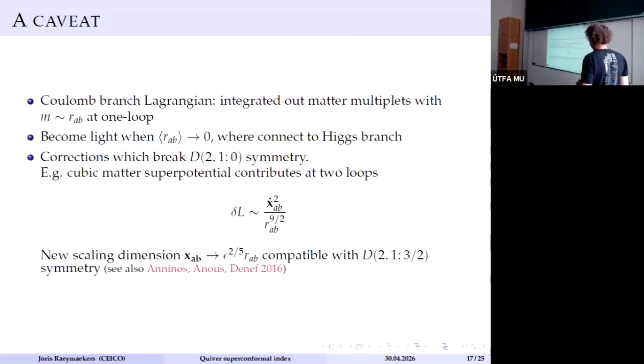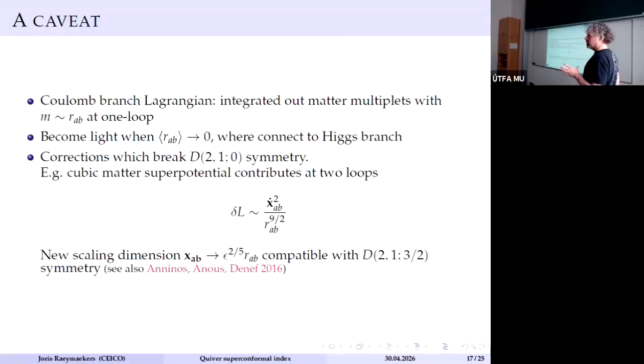In particular, there are further corrections which we have neglected, which come from the superpotential in the Higgs branch. Those don't couple directly to the Coulomb branch fields, but they would enter at two loops, and that would give corrections which actually break superconformal symmetry.